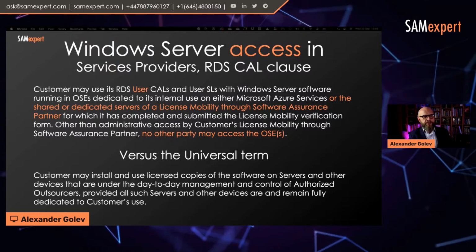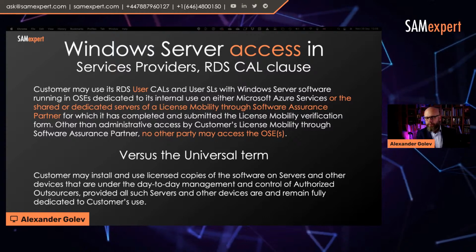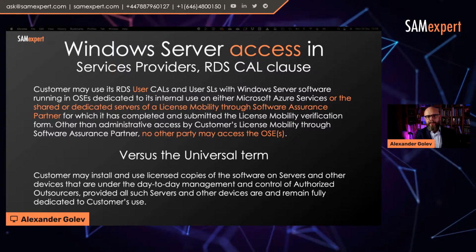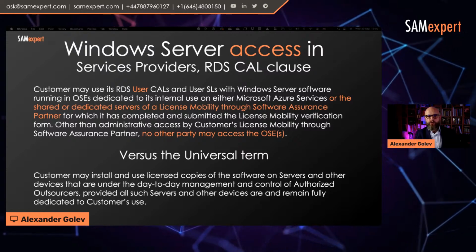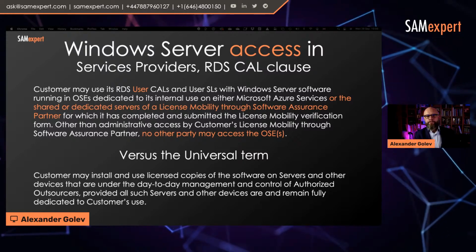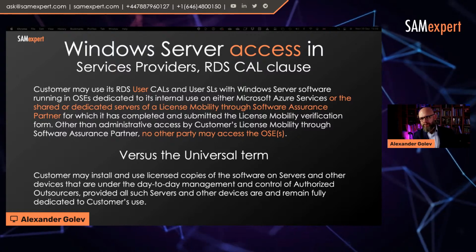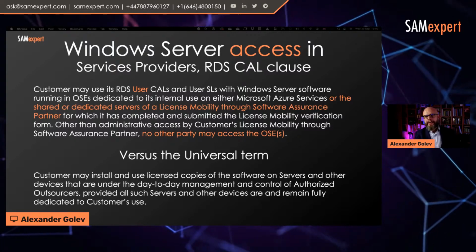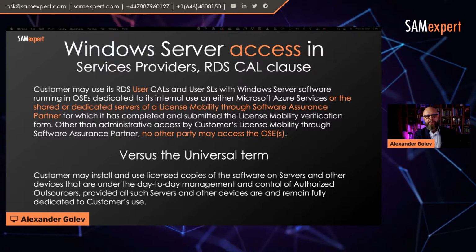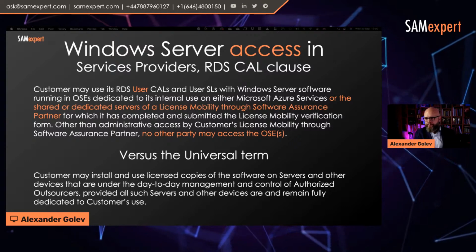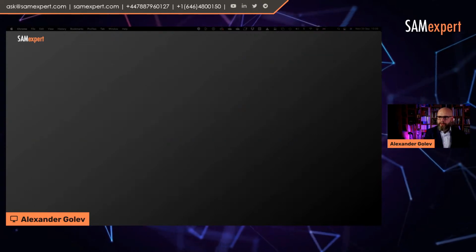So to summarize, be careful with RDS CALs, any remote desktop solutions not on your premises, including Azure. Azure is simple. You can bring your own CALs. But with any other third-party providers, I think Microsoft is having an unfair advantage here because it's easier than Azure. But anyway, be careful with RDS CALs.